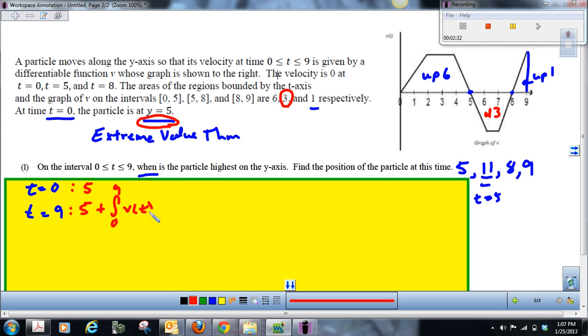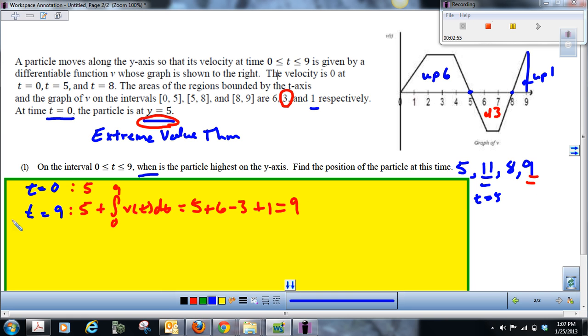Remember, this means position change, and we did this in number 1. So that position would be 5 plus 6 minus 3 plus 1. This is just like number 1 and number 2 from the walk the line with the bug. So 11 minus 3 is 8, 8 plus 1 is 9, and that's what we got right here.